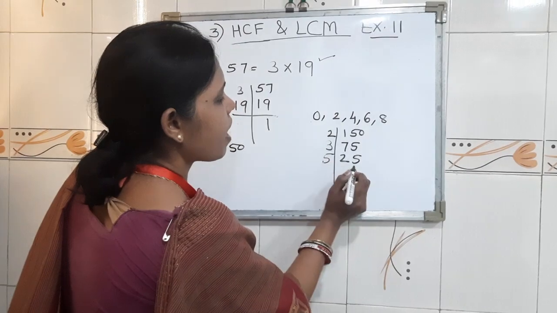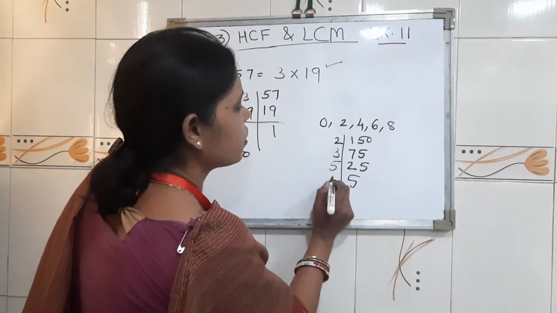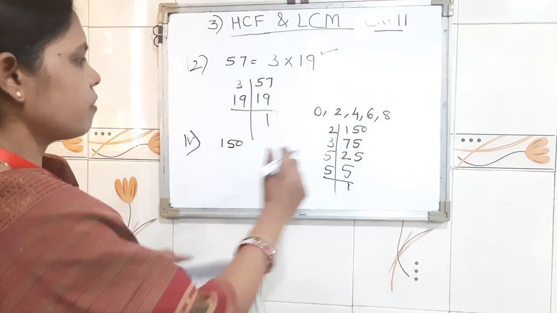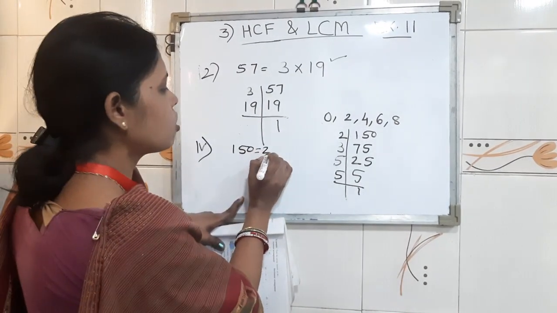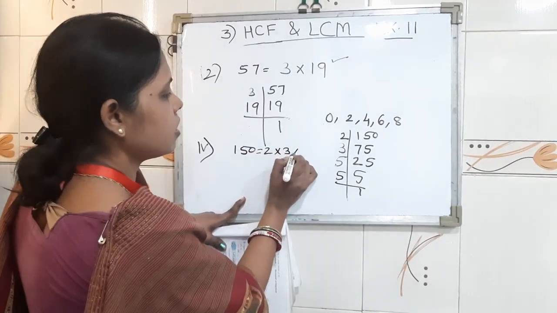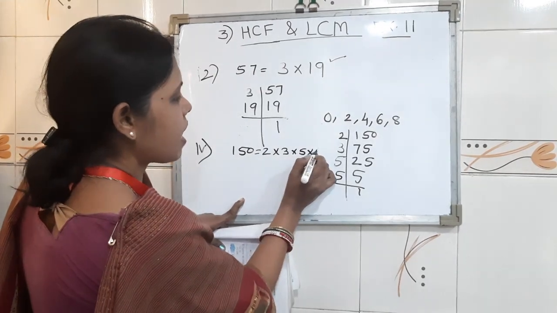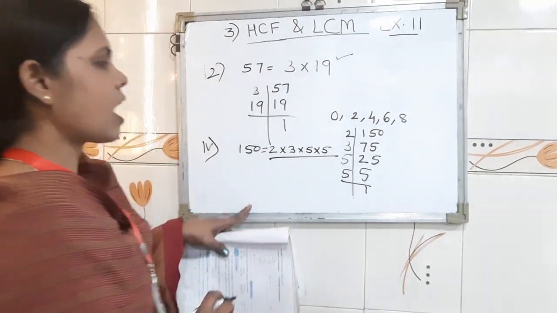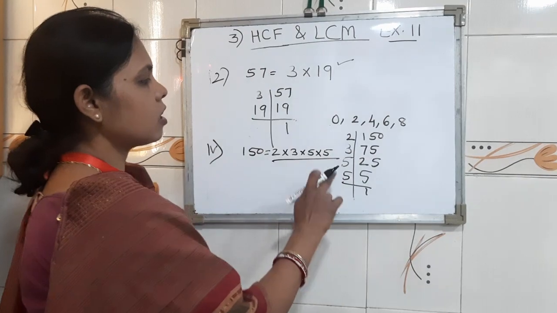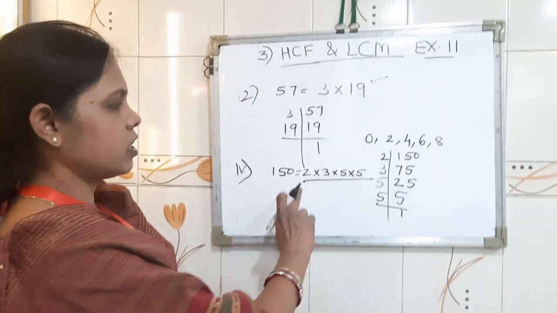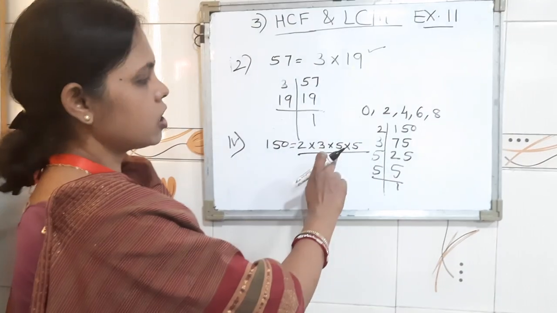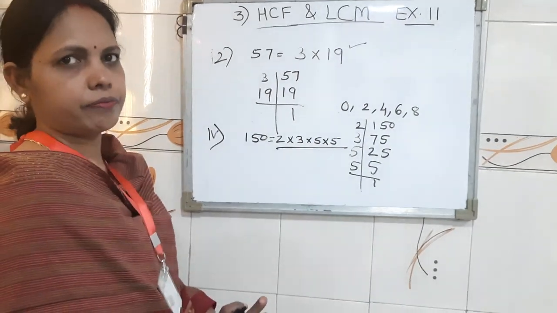Therefore 5 5s are 25. Then for 150, the prime factors are 2, 3, 5 and 5. This is the horizontal method for 150. Factors of 150 are 2 into 3 into 5 into 5.